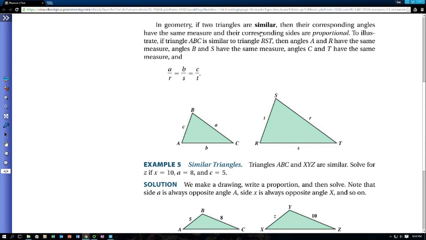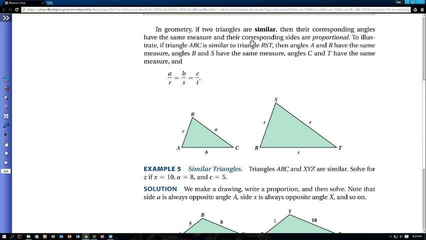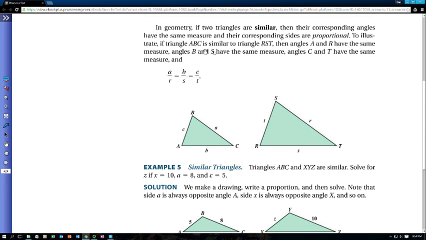This first one is that when things are similar, if I have two triangles that are similar, that means their corresponding angles have to have the same measure and their corresponding sides are proportional. And a thing to note about how you introduce two different triangles is that the order of these letters makes a difference.